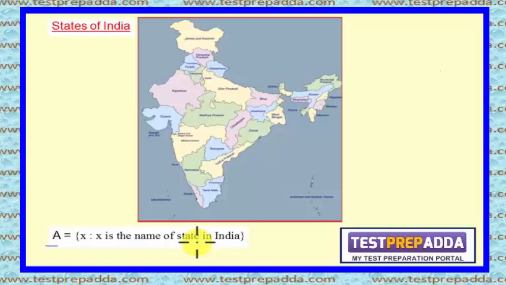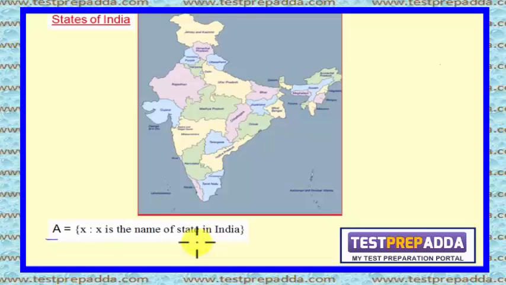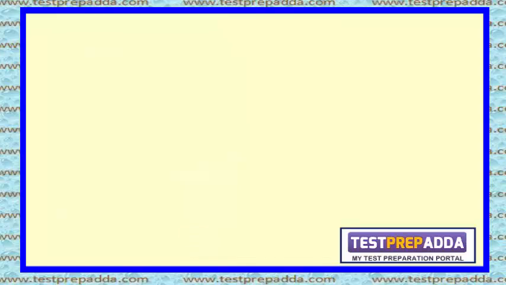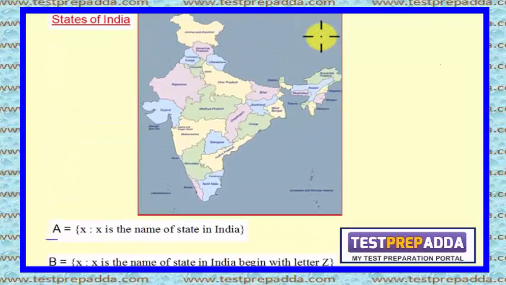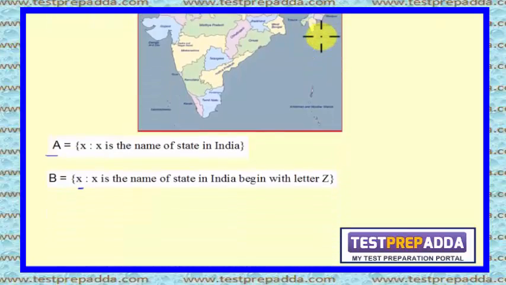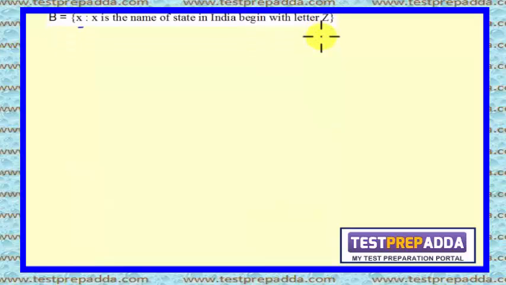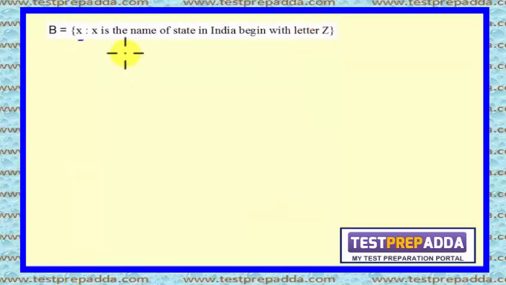But now if I define another set B: all values of x such that x is the name of a state in India that begins with letter Z. Now if you go and check, there is no state in India that begins with letter Z. That is why set B does not contain any element, and this will be considered as empty set.